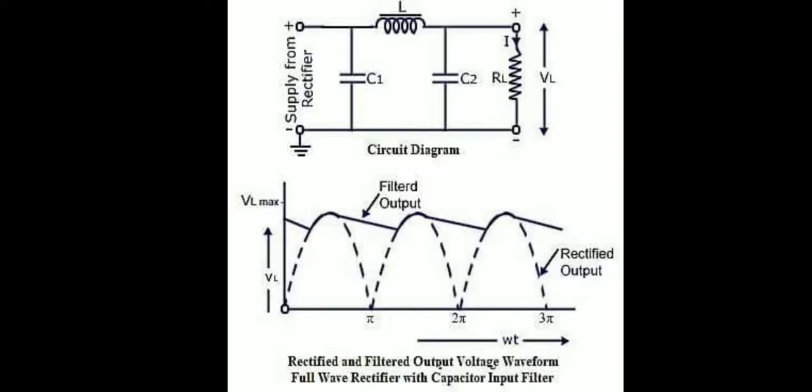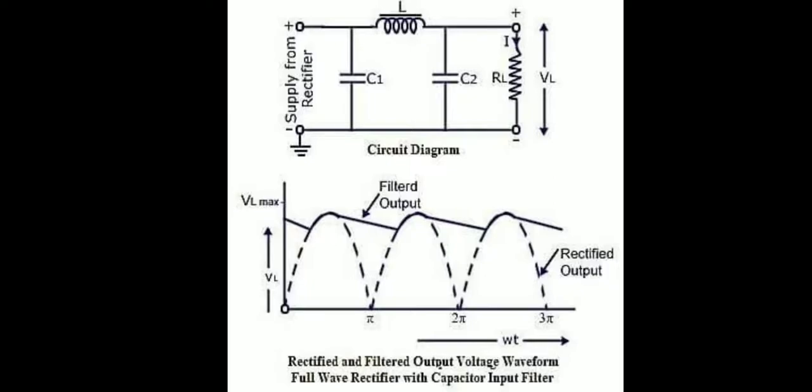This circuit gives much better filtering than the LC filter. However, C1 is still directly connected across the supply and would need a high pulse of current if the load current is large. This filter is used for low current equipment.